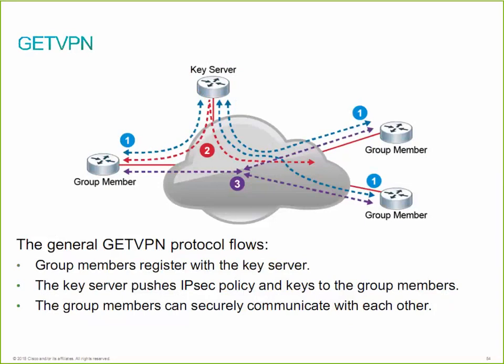There are two keys that are supported. One is called the TEK, T-E-K, which is short for Traffic Encryption Key. That's one of the types of keys I might use in this architecture.